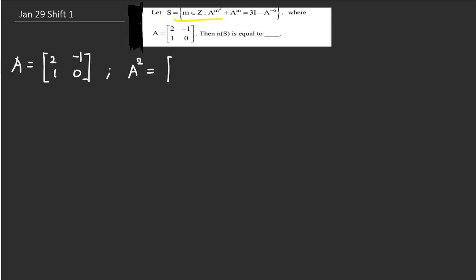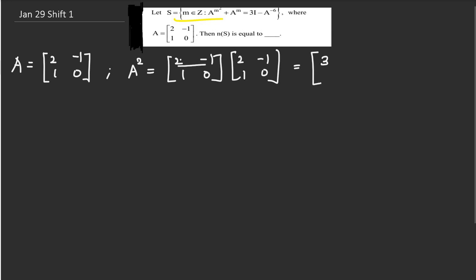A square is equal to the matrix 2, minus 1, 1, 0 multiplied by 2, minus 1, 1, 0. When we multiply, the first row first column is 4 minus 1, which is equal to 3. Next first row second column, minus 2 plus 0, that is minus 2.